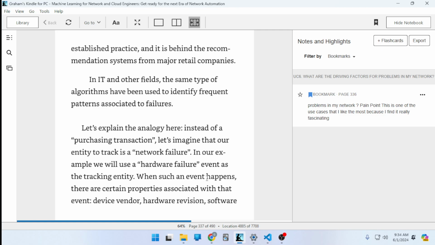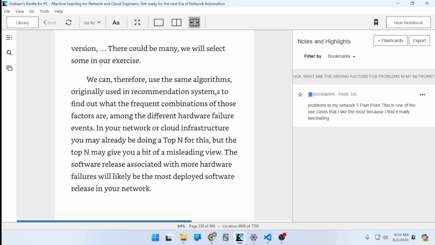When such an event happens, there are certain properties associated with that event: device vendor, hardware revision, software version. There could be many. We will select some in our exercise. We can, therefore, use the same algorithms originally used in recommendation systems to find out what the frequent combinations of those factors are among the different hardware failure events.